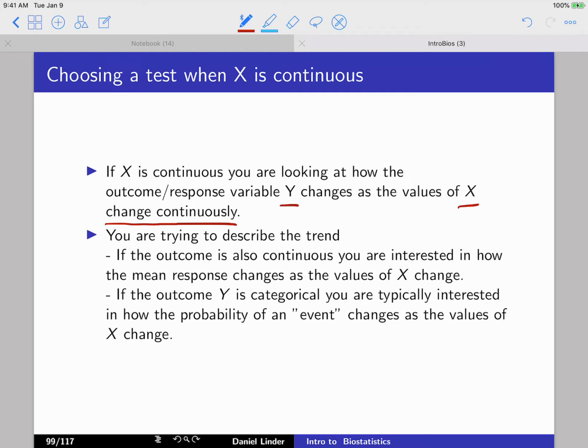If the outcome is also continuous, then usually you're interested in how the mean response changes as the values of your x change continuously.